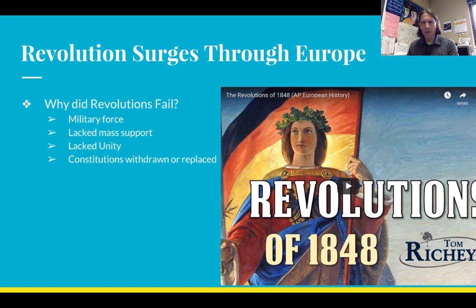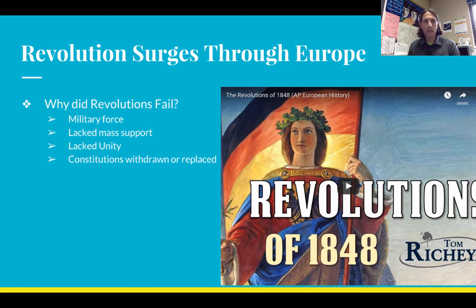The other problem you run into is that these groups want change, but outside of that, for example, when we go to the French Revolution, the radicals and the liberals don't see eye to eye on what that change looks like. So even though you have these revolutions, afterwards, a lot of times they go to war against each other and they have a civil war trying to create the country that they want. So they lack mass support, they lack unity.